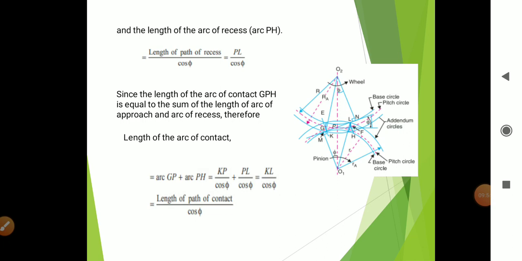Here the denominator is the same, cos phi, so simply add the numerator terms, KP plus PL. KP plus PL is the total value KL. So KL divided by cos of phi. So we can state that the length of arc of contact is equal to the length of path of contact divided by cos of phi, because we know that KL is the length of path of contact.